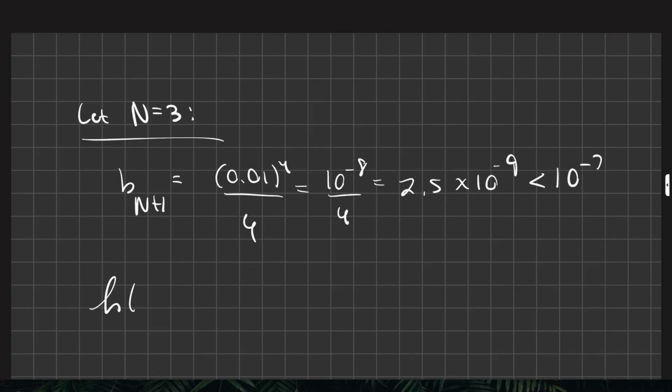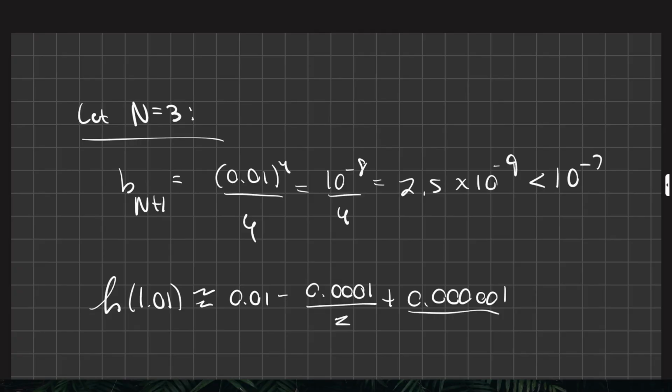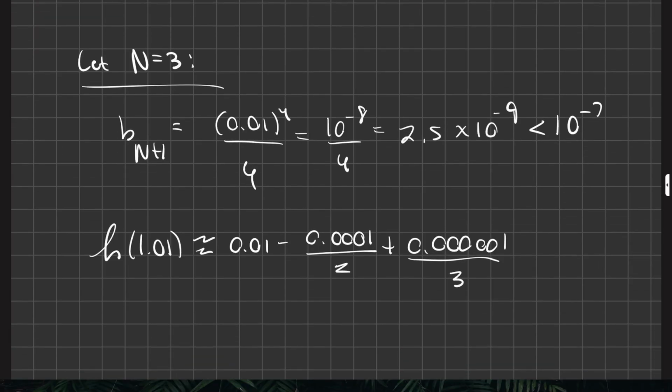So ln of 1.01 is approximately 0.01 minus 0.0001 over 2 plus 0.000001 over 3. Okay, so we want the first 3 terms, so we stop here. So we're just looking at these. So this is our estimation.